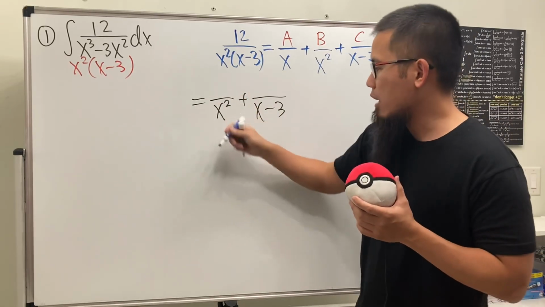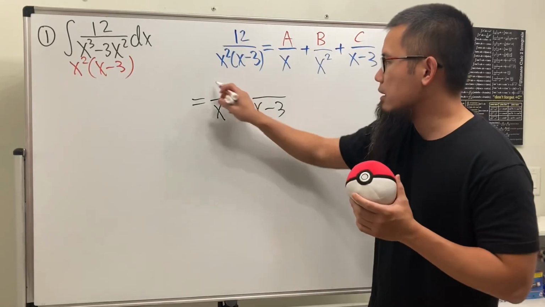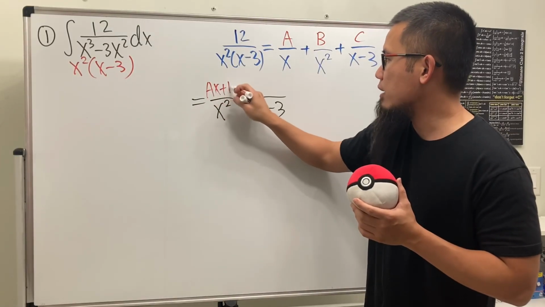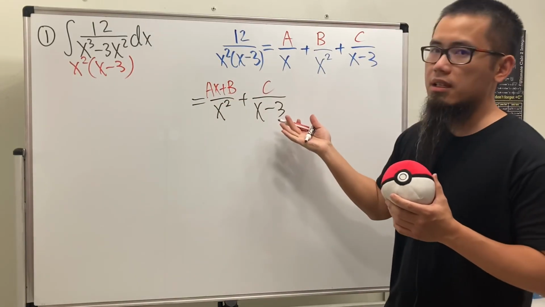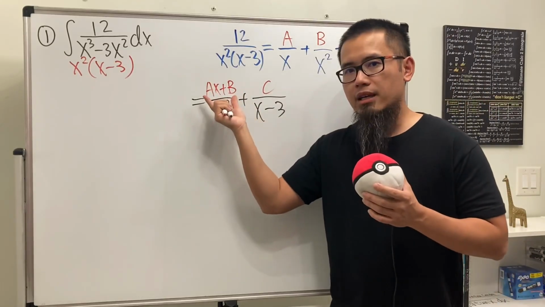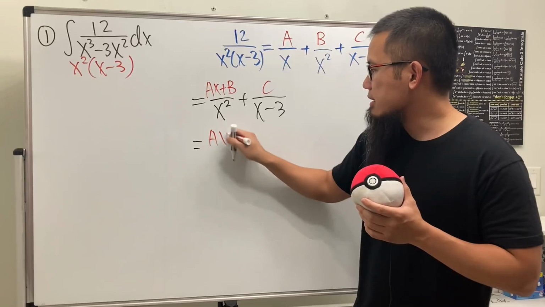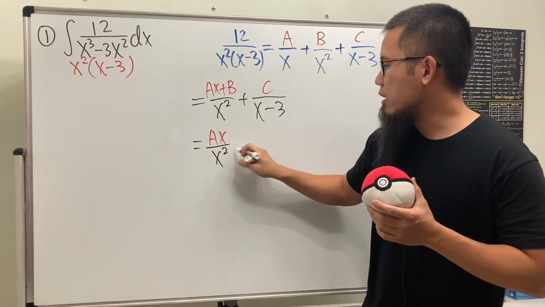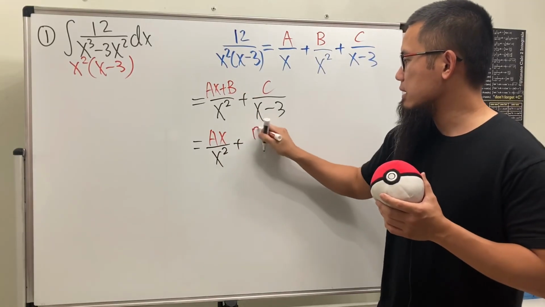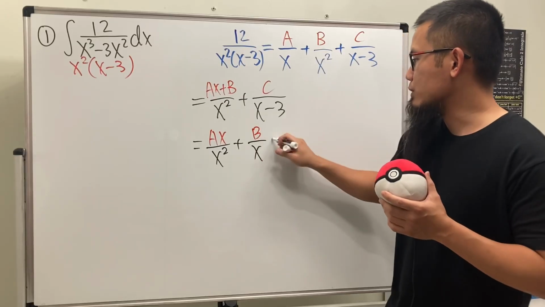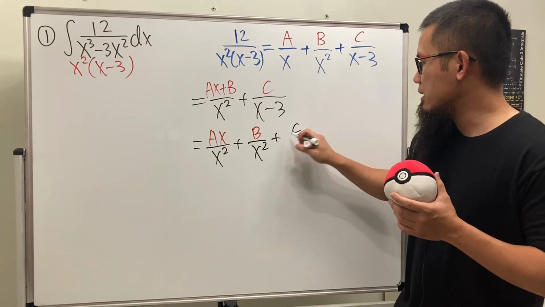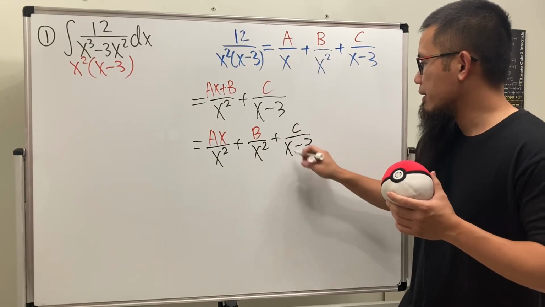So you will have to put down ax plus b. So let me just write that down. And of course, this is going to be a constant. But you see this guy, we can split the fraction. So we are looking at ax over x squared and then plus b over that. And of course, we still have this guy, c over x minus 3.